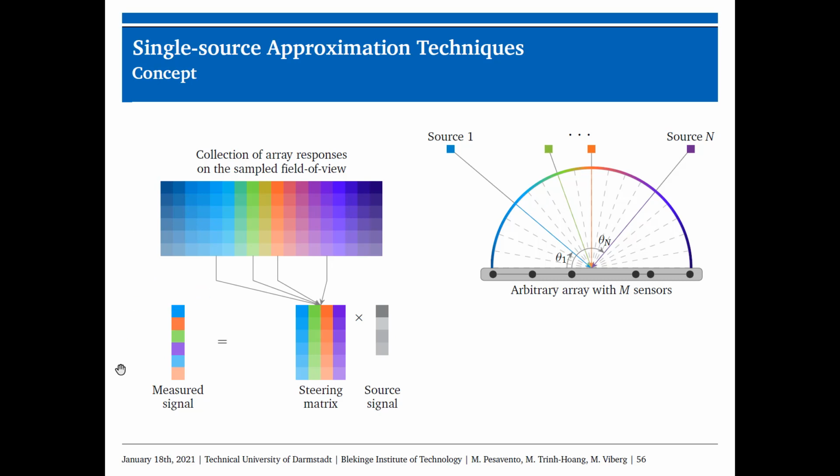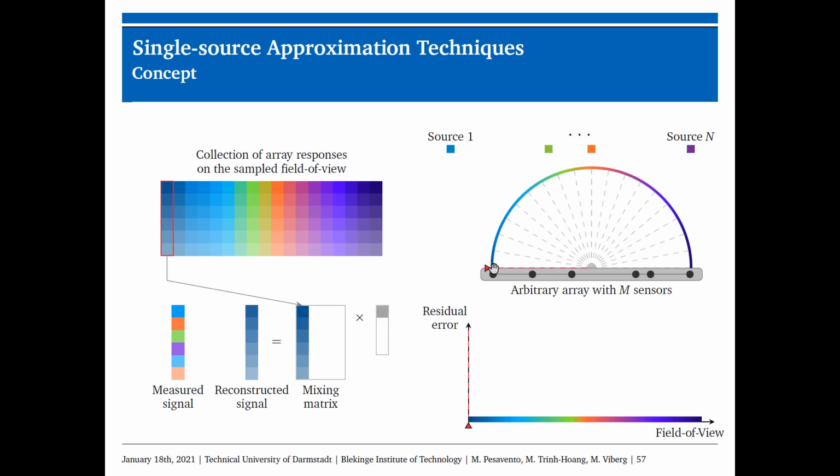The measured signal at the sensor array in the noiseless case is a linear combination of the steering vectors corresponding to the source signals. At each candidate DOA, denoted by the red marker here or here, we attempt to match our measured signal with the steering vector from that candidate DOA.